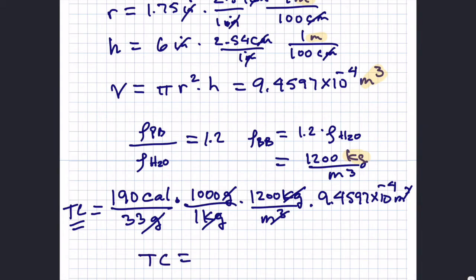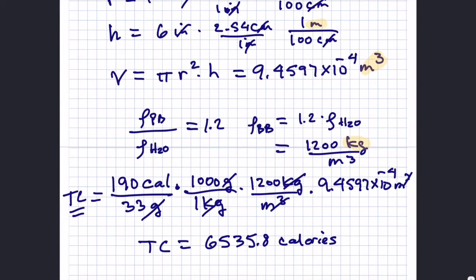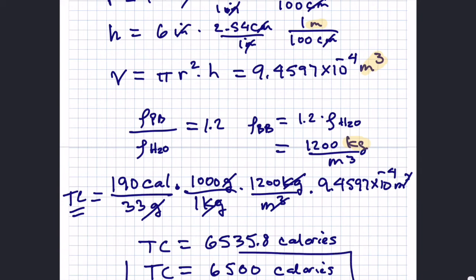I can just do that multiplication, and if I keep all the precision in there, I get 6,535.8 calories. I go back and look at significant digits, and we were probably carrying this to about 2 or 3 significant digits. I'm not super worried about that, so let's just call this 6,500 calories as the total calorie count in the jar of peanut butter.